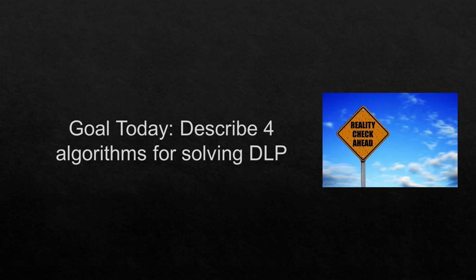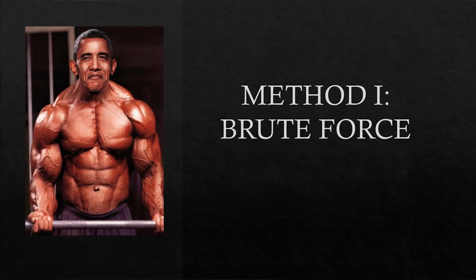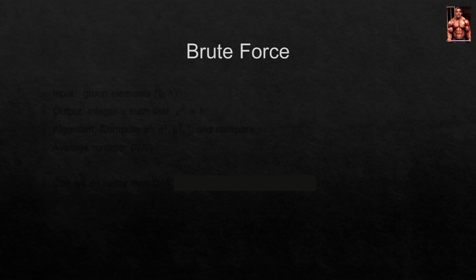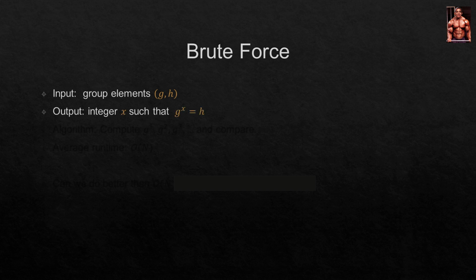Our goal today is to describe 4 algorithms for solving the discrete log problem. The first method is the naive method of just performing an exhaustive search, or brute force. So with brute force, we get an input, 2 group elements, g and h, and we want to output an integer x such that g to the power of x is equal to h. And the algorithm is as follows.